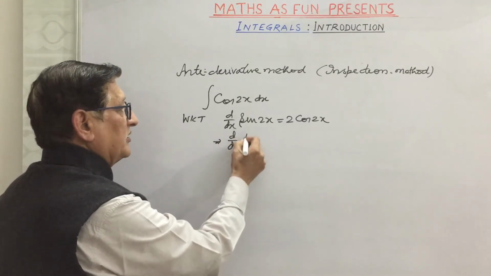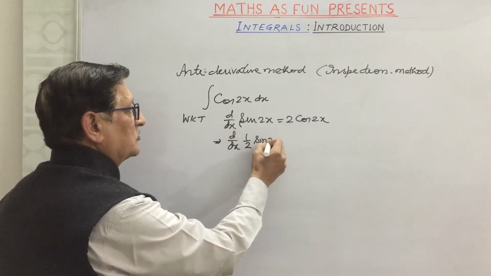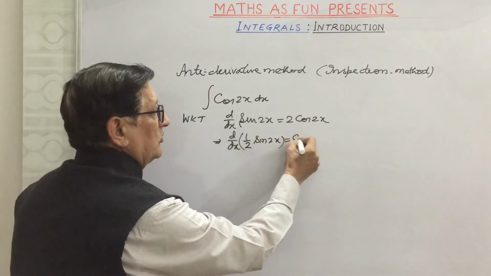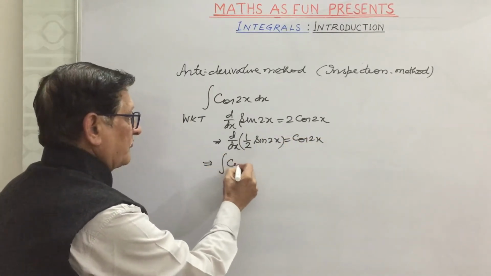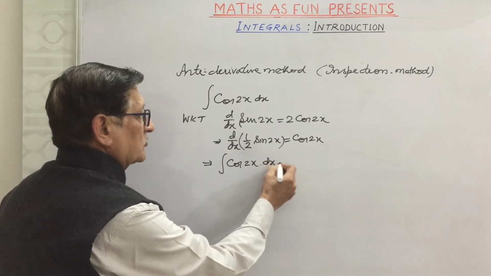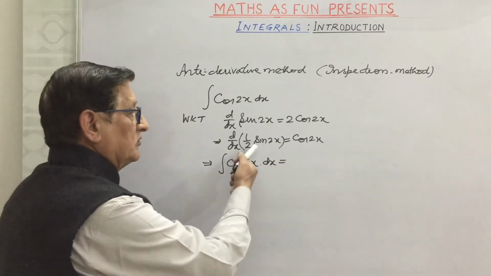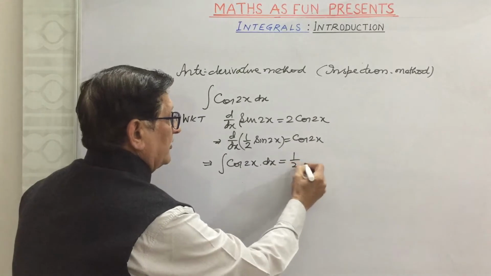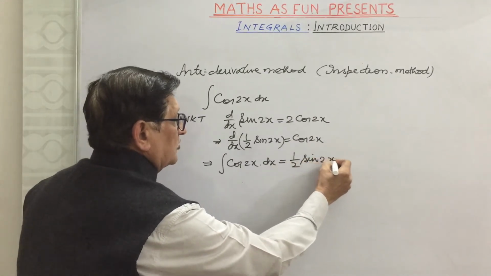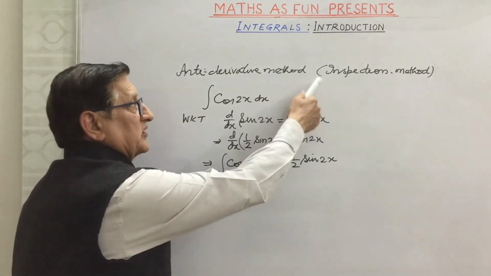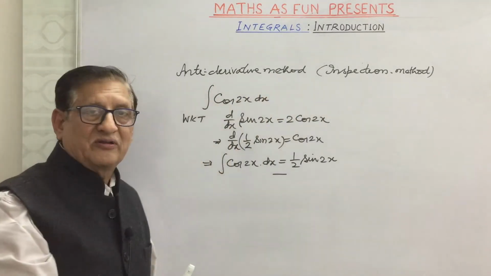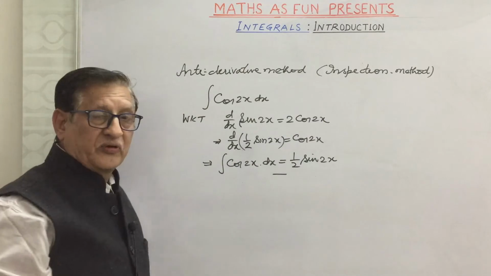We can write d by dx of 1 upon 2 sin 2x is equal to cos 2x. It means the integration of cos 2x with respect to x is equal to 1 upon 2 sine of 2x. This is the way we can use inspection method or antiderivative method to find the integral of a function.